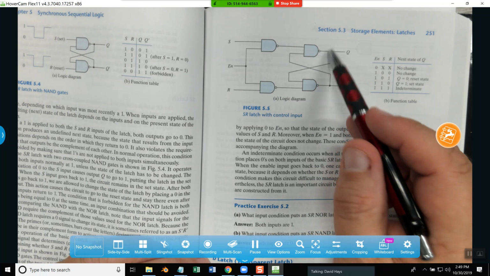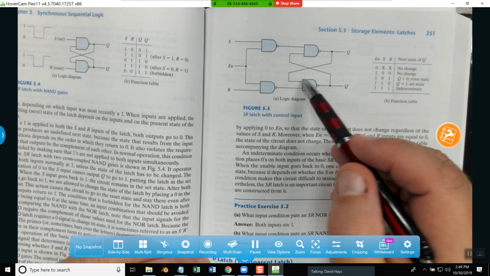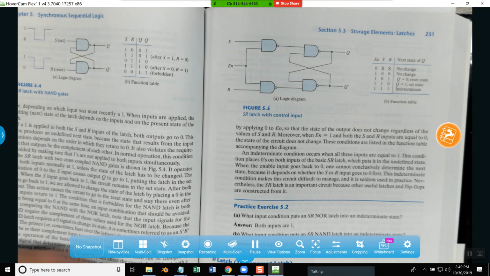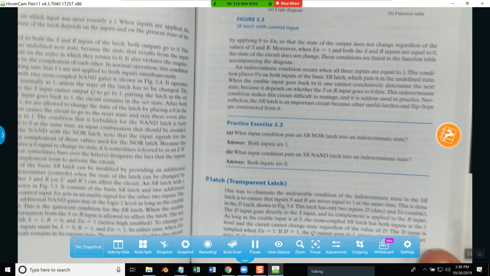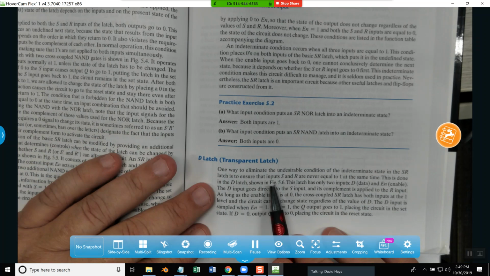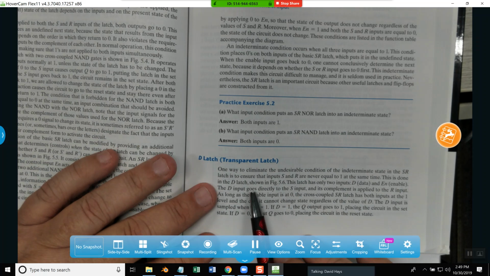As long as the enable input is 0, the cross-coupled SR latch has both inputs at 1 level, and the circuit cannot change state regardless of the value of D. The D input is sampled when our enable is equal to 1. If D is equal to 1, the Q output goes to 1, placing the circuit in the set state. If D is equal to 0, output Q goes to 0, placing the circuit in the reset state.